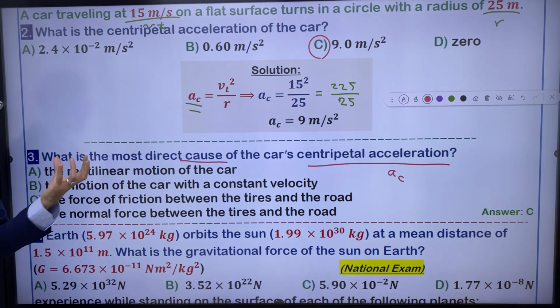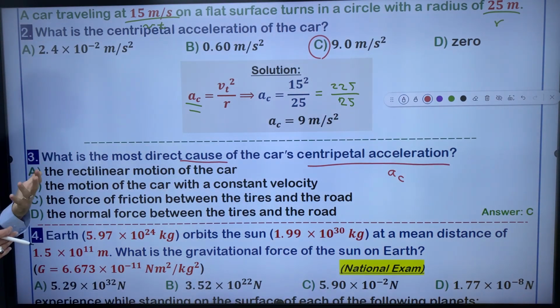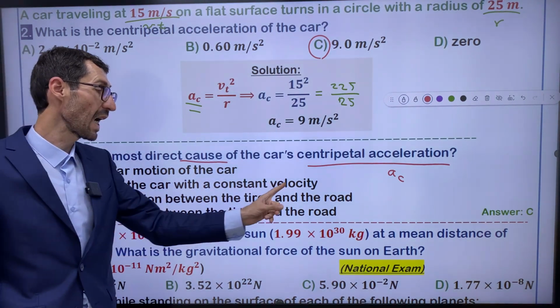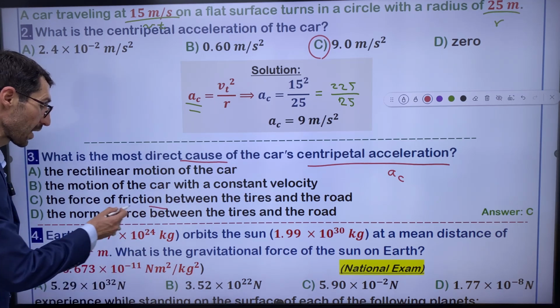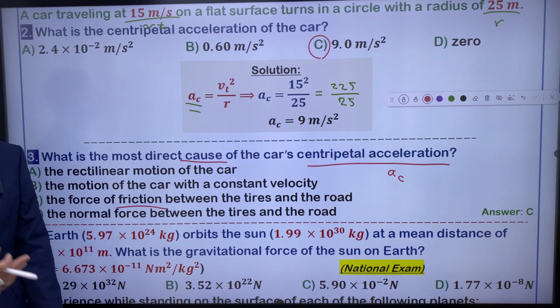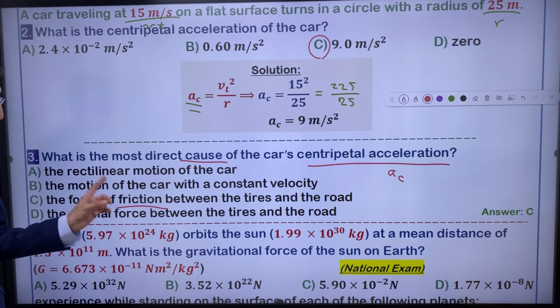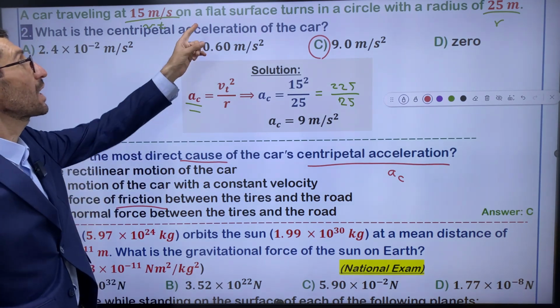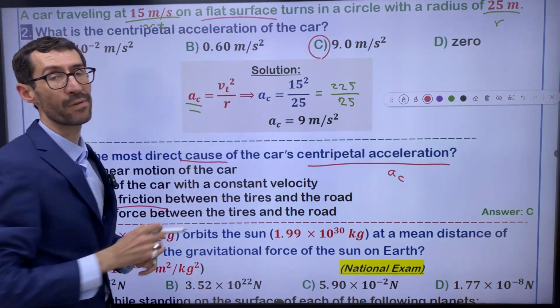So centripetal acceleration has a particular source. Let's search for the other factors. See, the force of friction between the tires and the road. I told you in previous lessons that friction is in charge of centripetal force in flat surfaces.